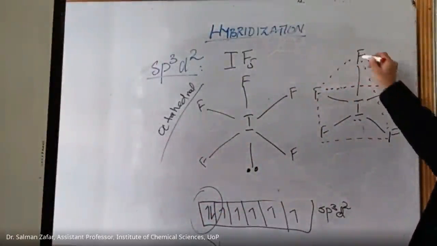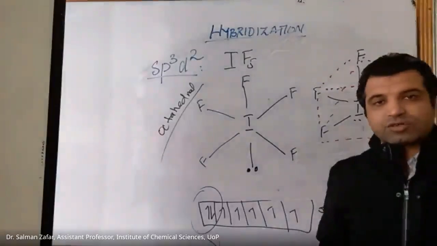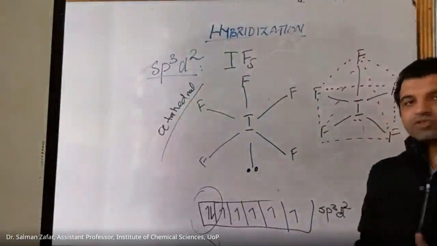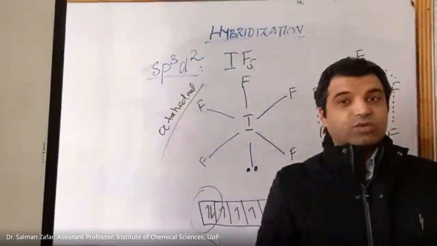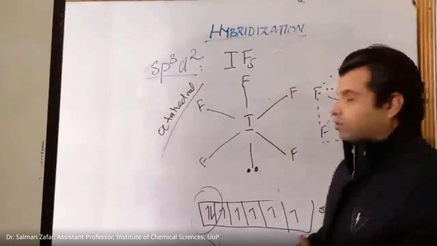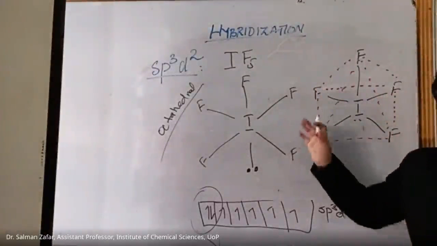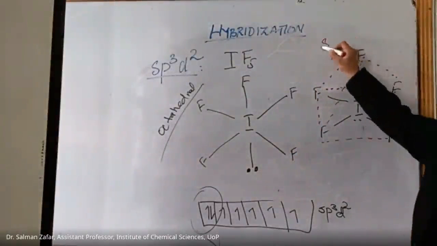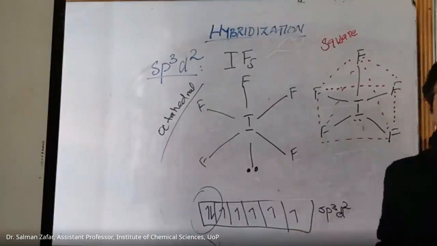And you see it again forms a pyramid-like structure. So it's a pyramidal structure. It's different from the one we have discussed already, that is trigonal bipyramidal. It's not trigonal. It has 4 corners. It's square. And it's not bipyramidal.